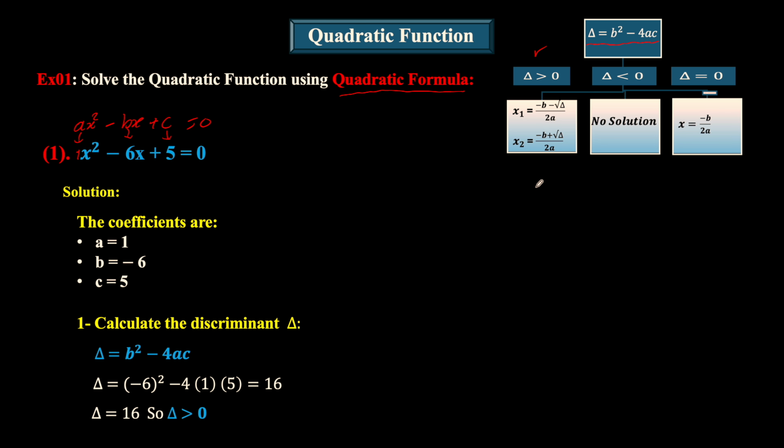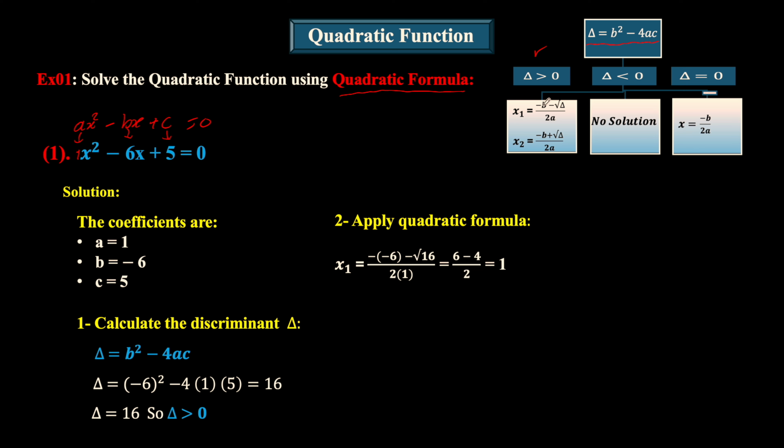We continue proceeding. So here we apply the quadratic formula. So x is equal to minus b minus the square root of delta over 2 multiplied by a. Okay? So x is equal to, first we take the minus of the formula, we don't touch it, which is here.